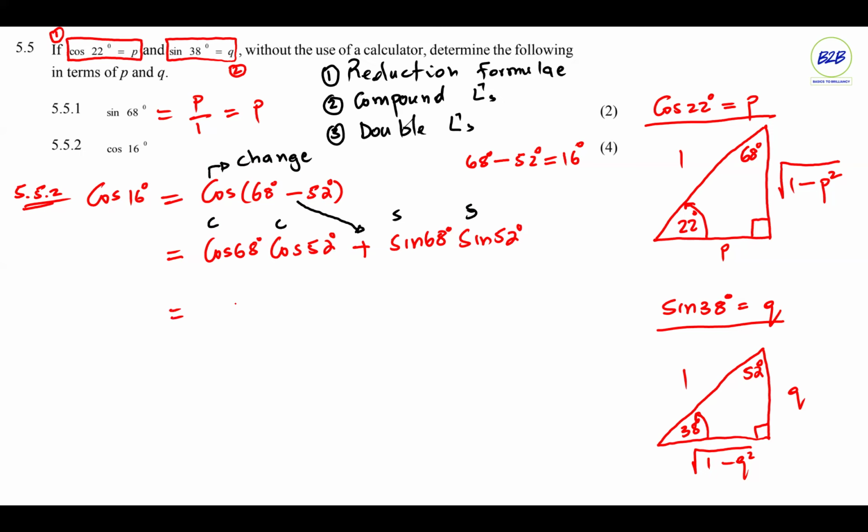And then from there, folks, we open a pair of brackets. Here we will substitute the value of cos 68 degrees as per the first diagram. What is that expression? That is the adjacent side, which is the root of 1 minus P squared, over the hypotenuse, which is 1.